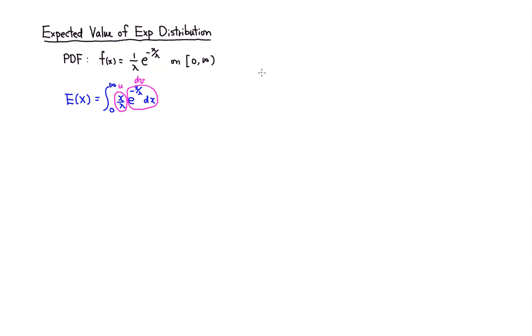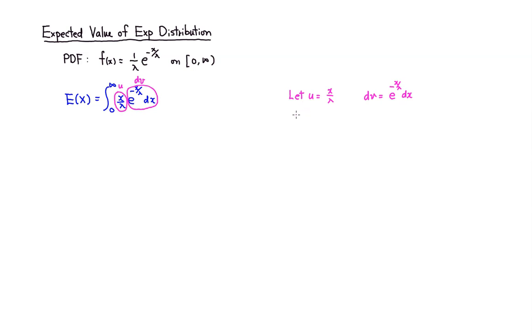Let u be x over lambda, and dv be e to the negative x over lambda dx.